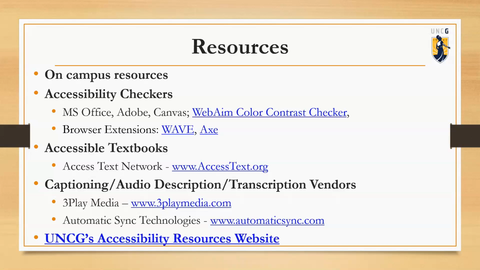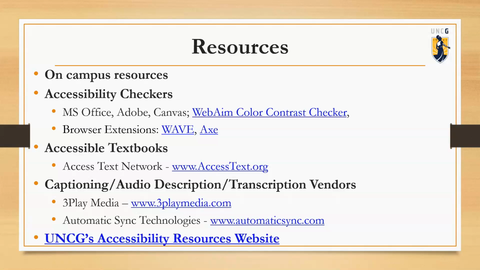Accessible textbooks: the Access Text Network is a great site to go to if you want to check to see if the book you're looking to use has an accessible version, because that's very important and essential. I also have listed there captioning, audio description, and transcription vendors for any audio or videos that you might need those services for.